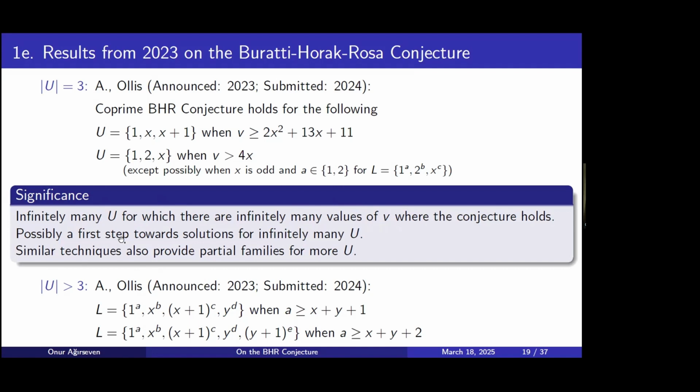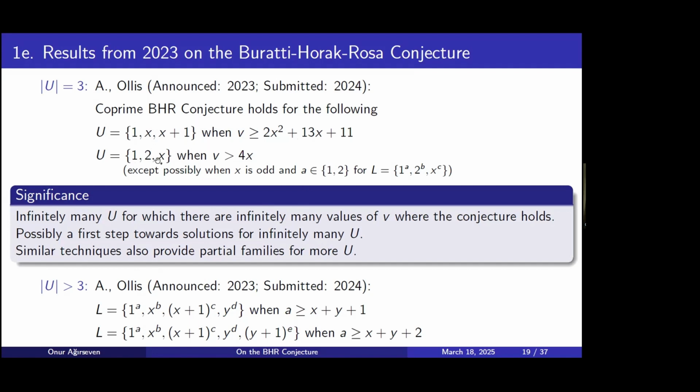And we're hoping to this day, and our results that we're building after that are also indicating a possibility, that this could be a first step towards solutions for infinitely many U. And similar techniques provide many partial families, but I will not, of course, clutter our conversation with those. I will mainly talk about the methods that led to the top result, not even the second one.